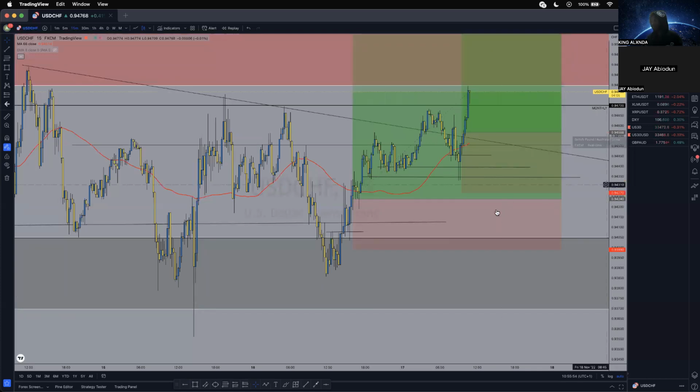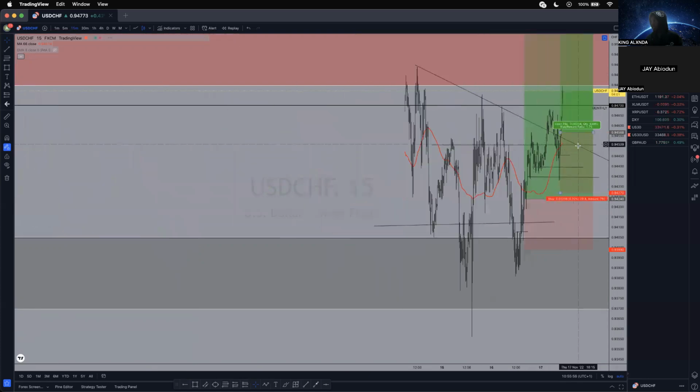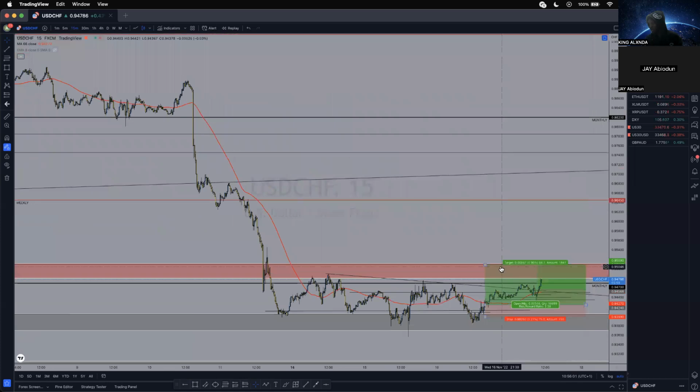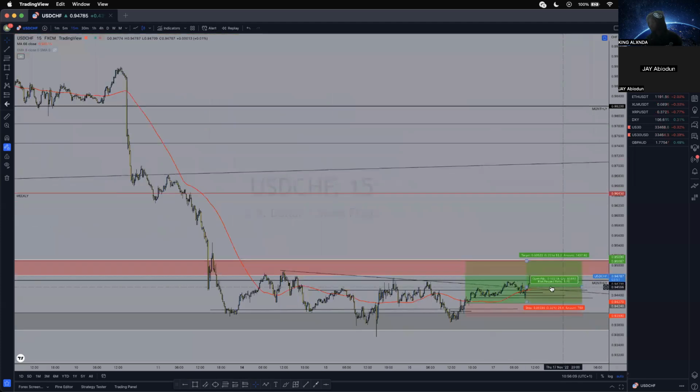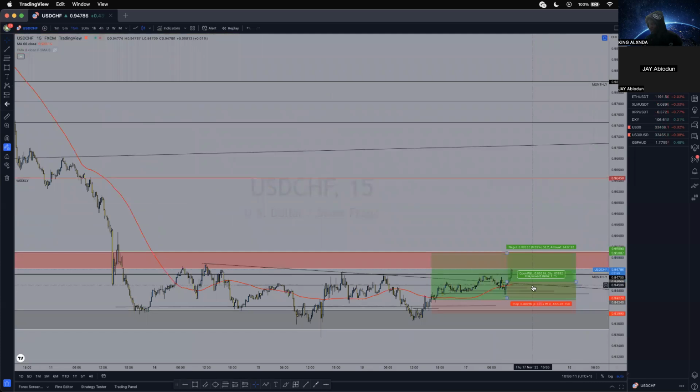Like this trade is a 25 pip stop loss and the take profit is 84 pips. That is 1:3 also, 1:3.5. This one is a 27 pip stop loss, the TP is 52 pips, which is like 1:2.